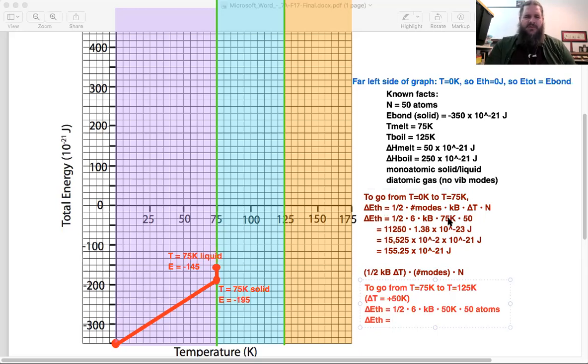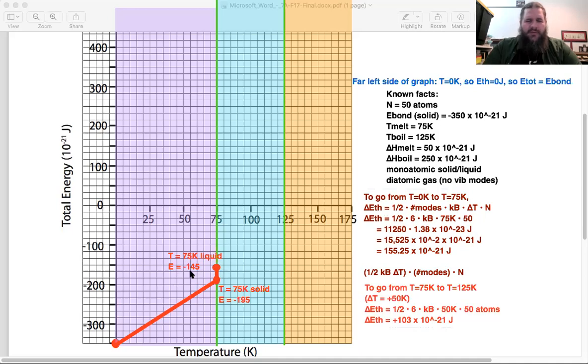So we should expect 2/3 of the energy. 155 times 2/3 should be 103. So that means during this 50 Kelvin process, we should expect to be raising the energy by about 103 joules. Or 103 times 10 to the negative 21 joules.